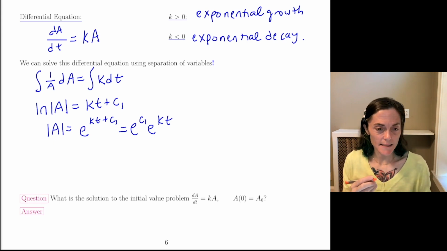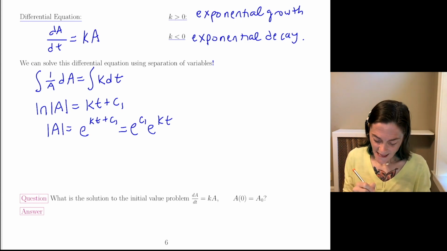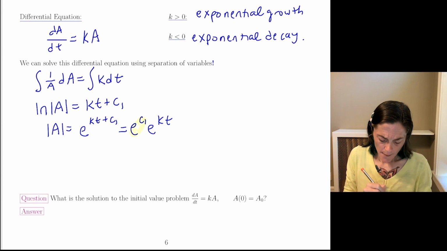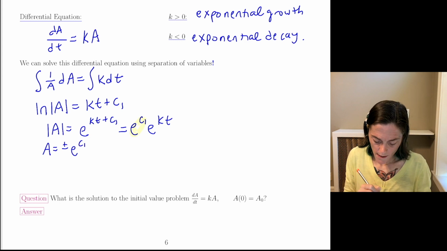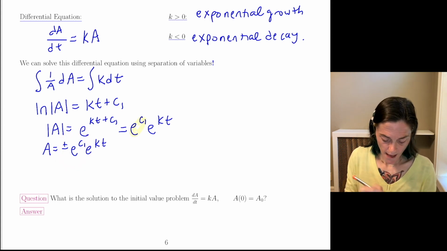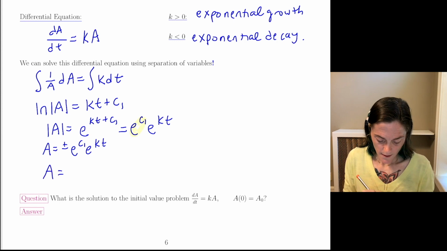First of all, we can think here, this part is always positive. It's e to something, but we get that A itself is plus or minus e to the C1 times e to the kt. So this whole part, I'm just going to call some other constant. I'm going to have A as C e to the kt.